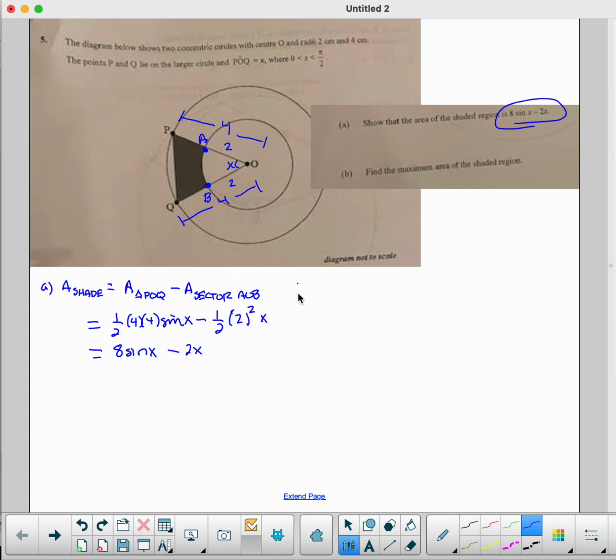And then part B says find the maximum area. Well, in calc, when we want to find a maximum, we find the derivative, and find the value of x, or theta, that's going to maximize this area. So A prime would be 8 cosine x minus 2.